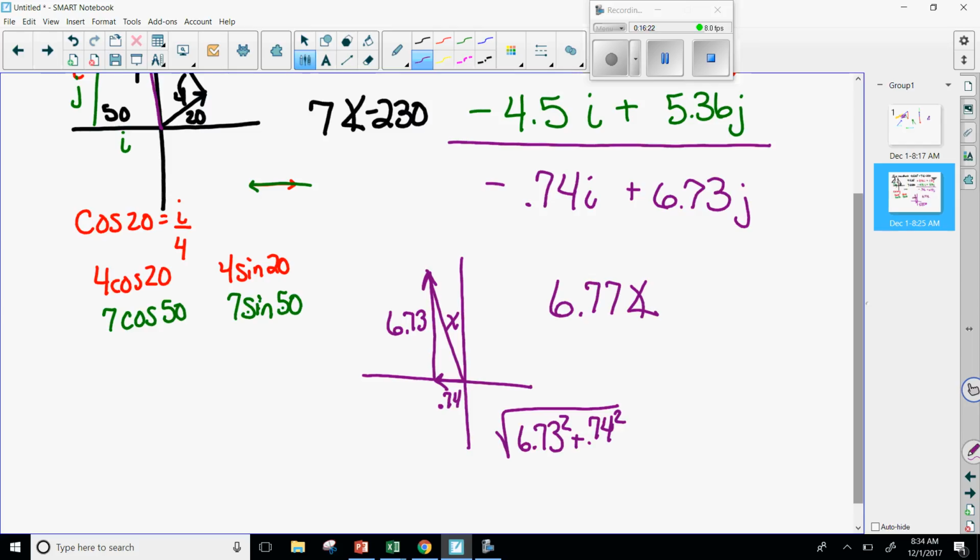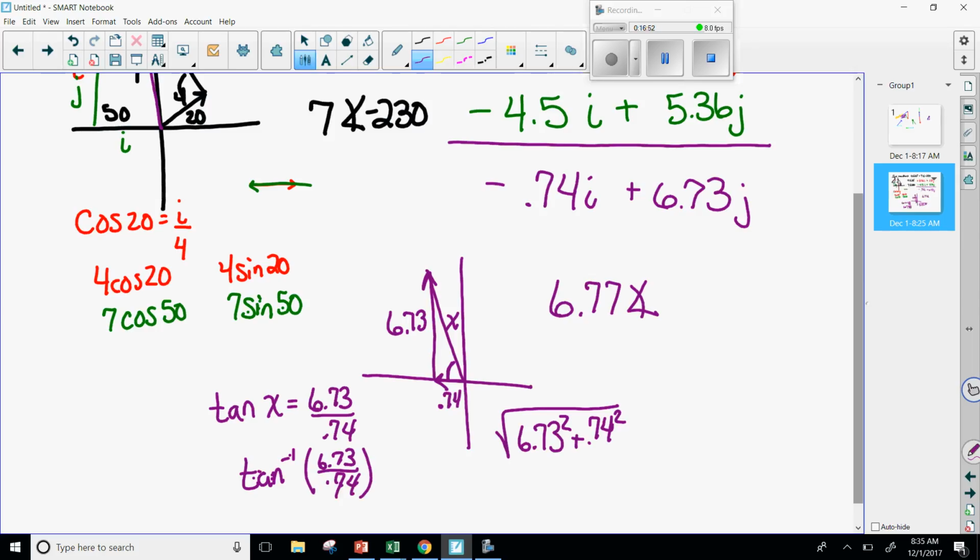All right, now I've got to find an angle measure. How do I find this angle measure right here, this reference angle? That's the inverse tangent. So the tangent of my angle is equal to opposite over adjacent. So you want to type that in as the inverse tangent of 6.73 over 0.74.